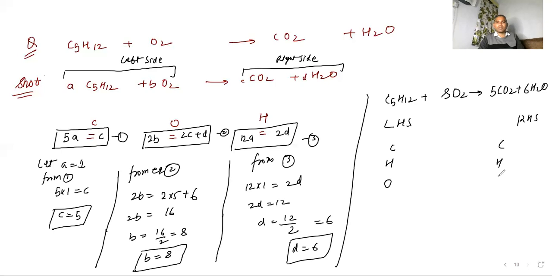How many carbons are there? 5, and this side again 5. Hydrogen, 12 on this side and 12 on that side. Oxygen, 8 times 2 is 16; here 5 times 2 is 10 plus 6, that is 16. So this is how we have to balance the equation.